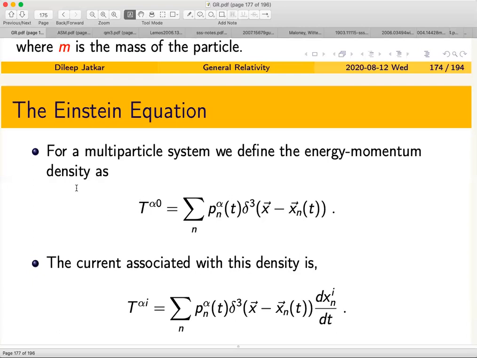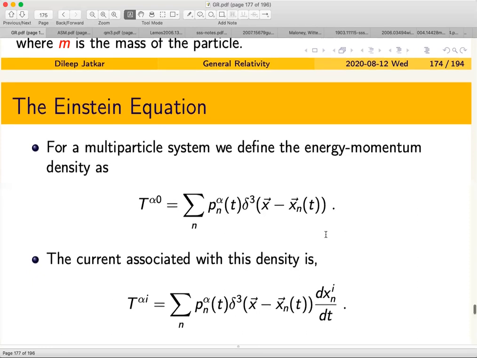In this particular case, you have a T alpha beta, and it satisfies the conservation law, and the corresponding conserved quantity would carry only one index, not both. So P n alpha is the quantity that you would write down for the nth particle, which is the conserved momentum 4-vector for that particle.